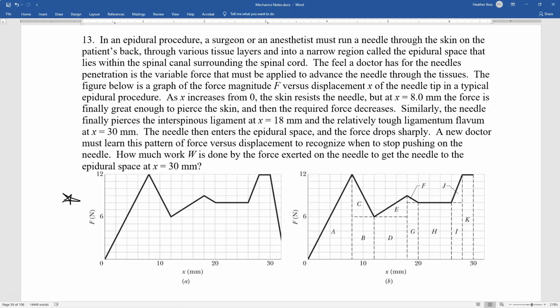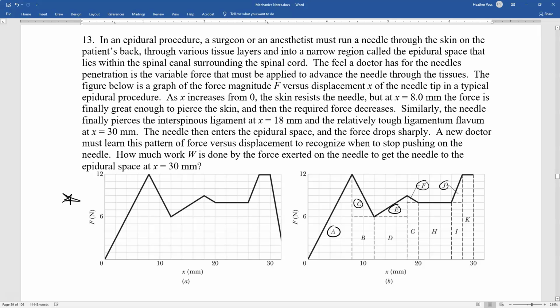If I want to know the work done by this non-uniform force to get the needle through the skin, here's what we've got: we can break this shape up into all of these nice, pretty little geometric areas. So we've got a triangle, a triangle, a triangle, a triangle, a triangle, and a whole bunch of rectangles too.